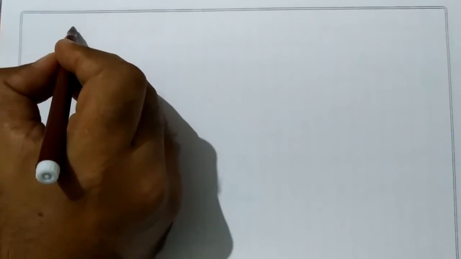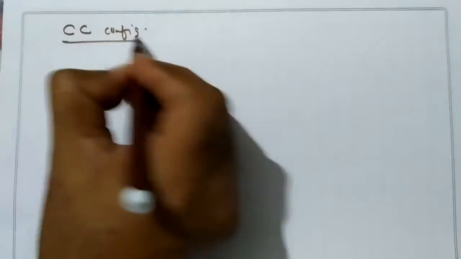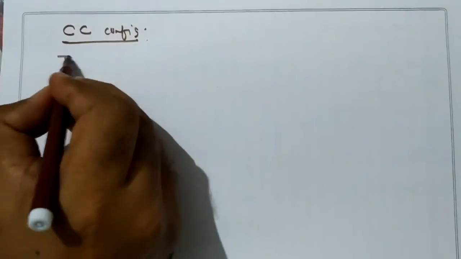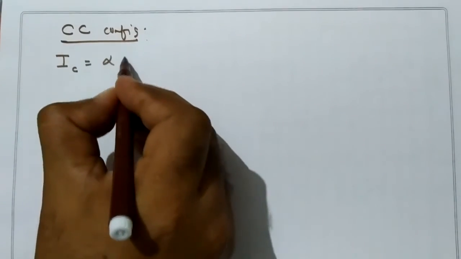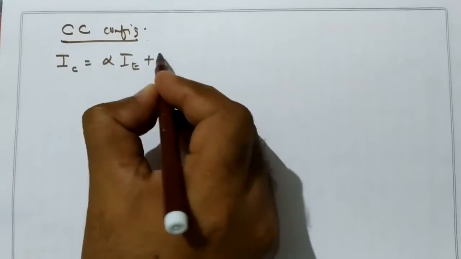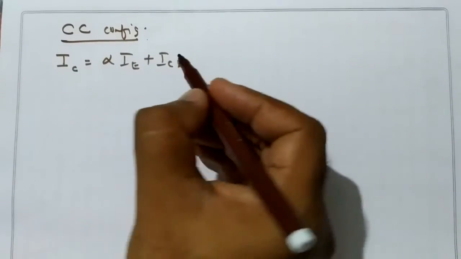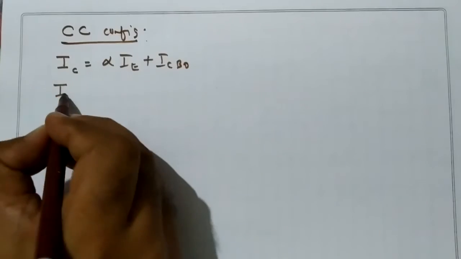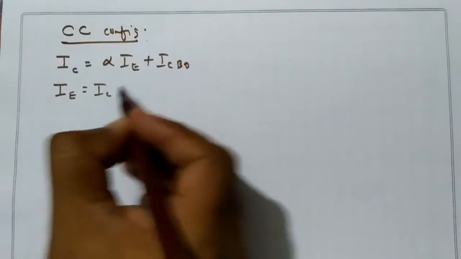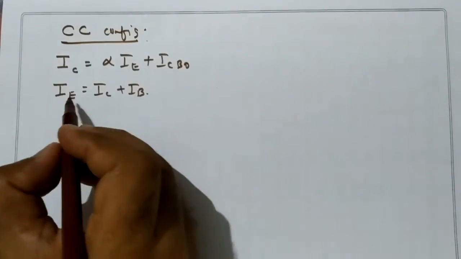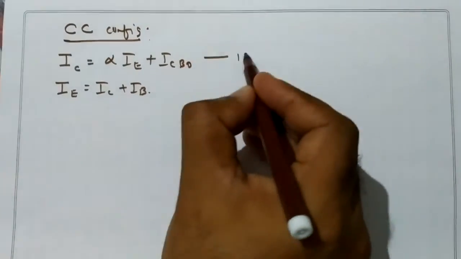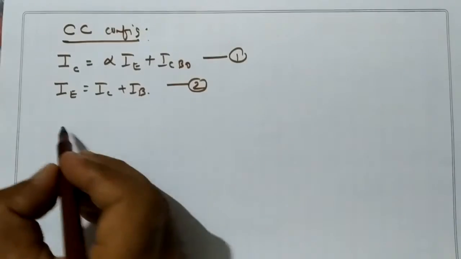Now the expression for the output current in common collector configuration. We'll start from the same equation, that is IC, that is equal to alpha into IE plus ICBO. Now you know IE is the total current, that is equal to IC plus IB. Now if you substitute, this is equation 1, I'll write, this is equation 2.